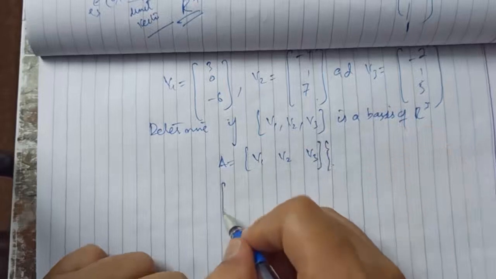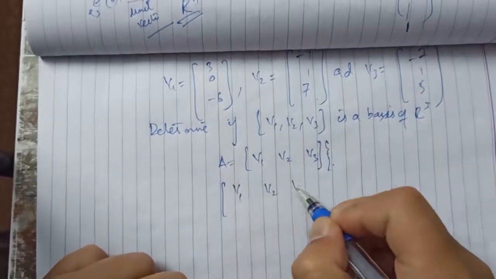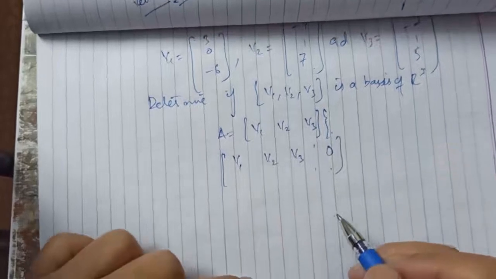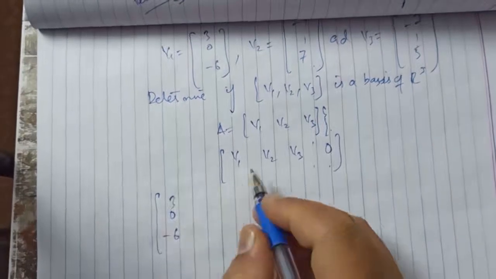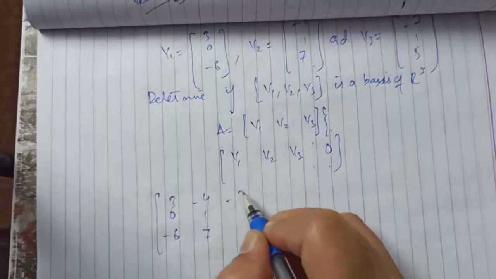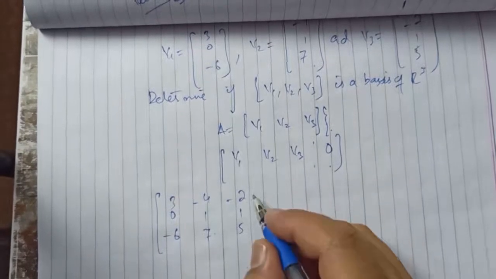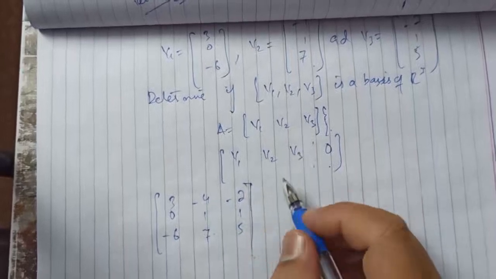So v1, v2, v3, and you add the 0 column here. If you put it here, it is 3 0 -6, -4 1 7, -2 1 5, and then of course here you have 0.